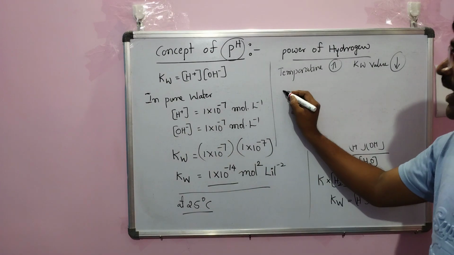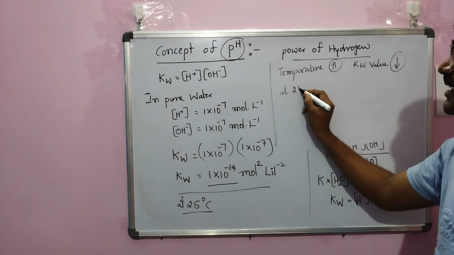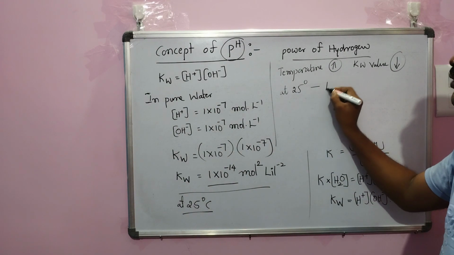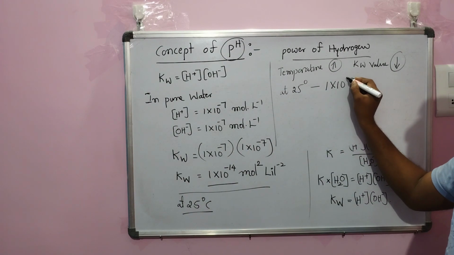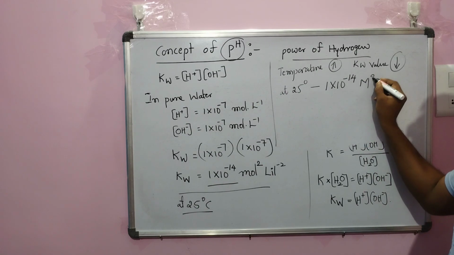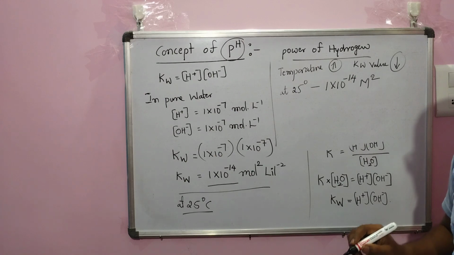Now I told that at 25 degrees Celsius the value is 1 into 10 to the power of minus 14 molarity square.